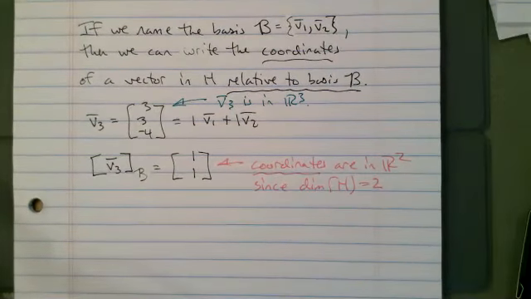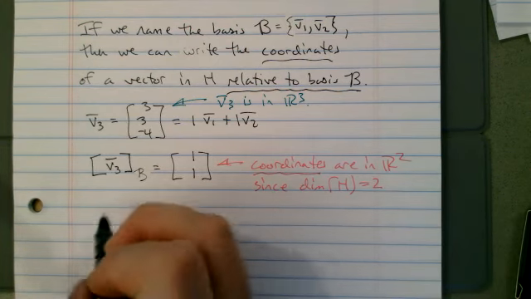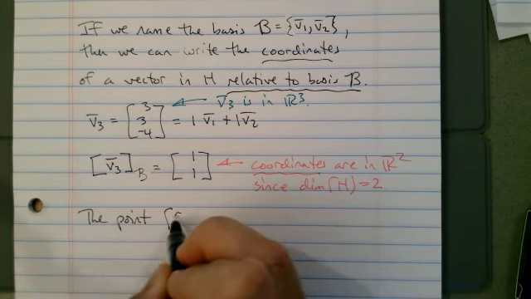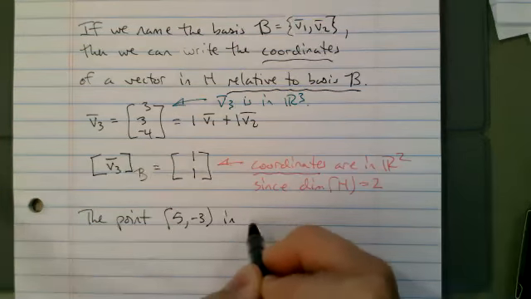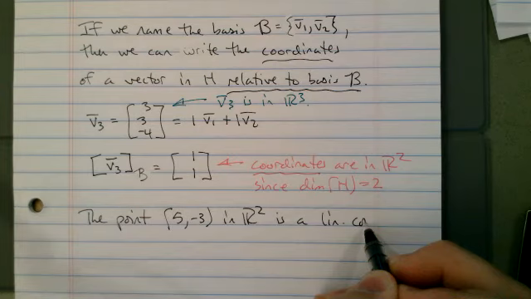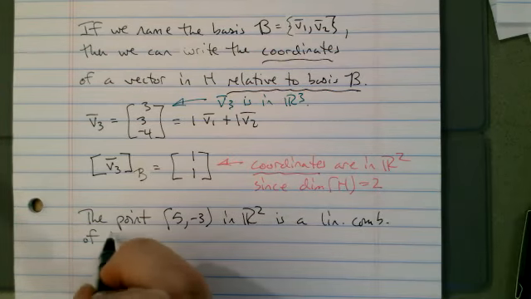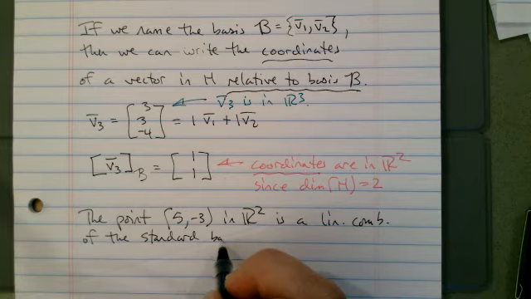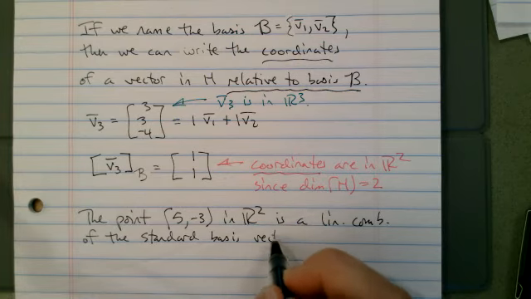If this seems like a lot to take in in 10 minutes, that's only because it's a lot to take in in 10 minutes. But you've already been doing this. So think of the point 5, negative 3 in R2 as a linear combination of the standard basis vectors.